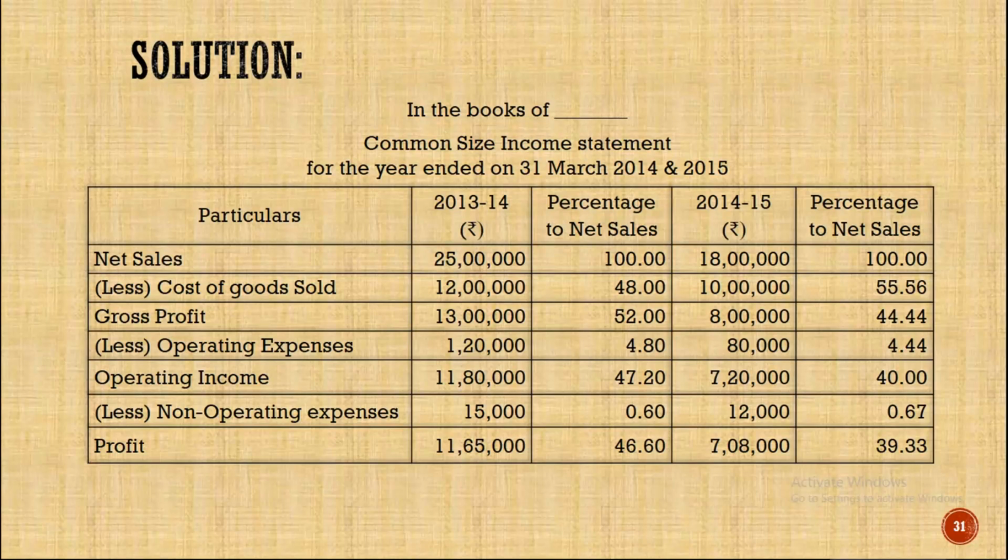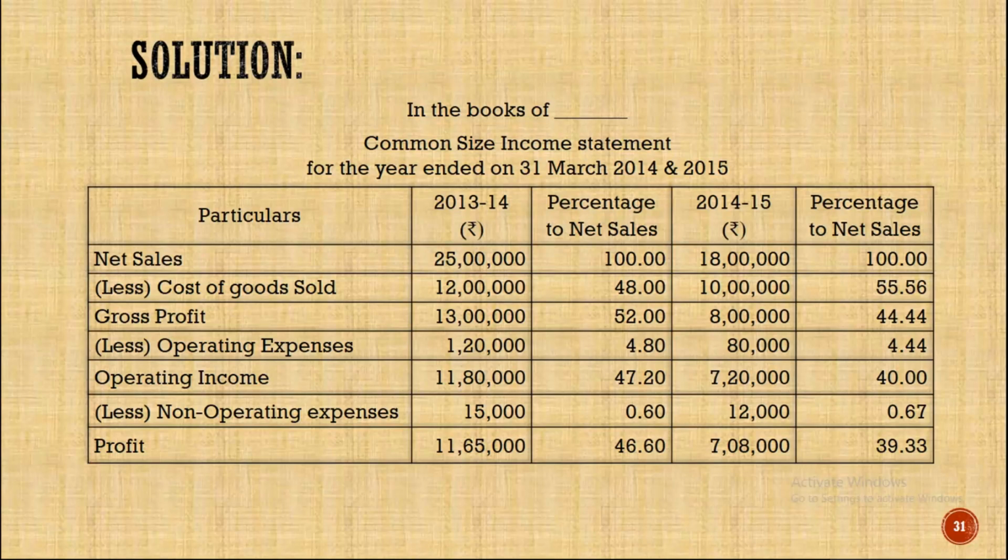Here, first we have listed out all the particulars, that is net sales, less cost of goods sold, gross profit, less operating expenses, operating income, less non-operating expenses, and profit.